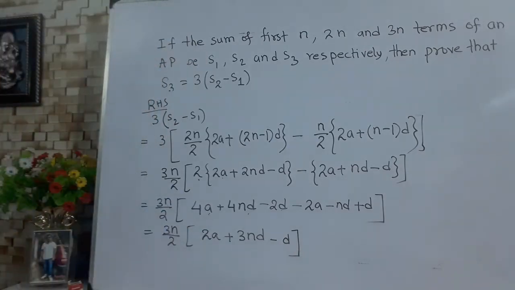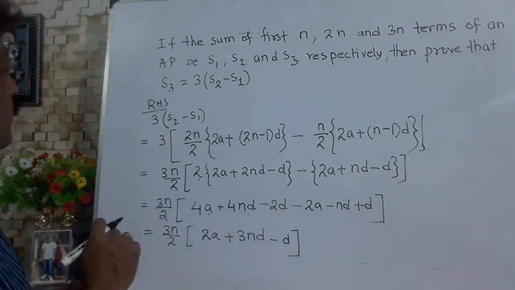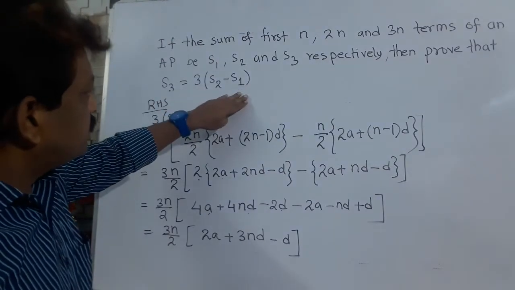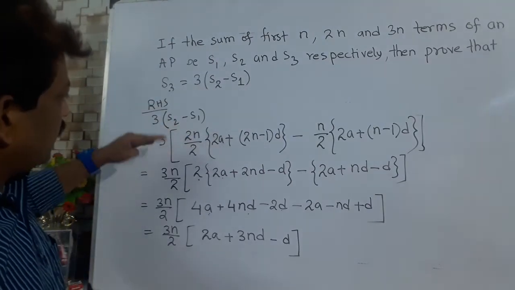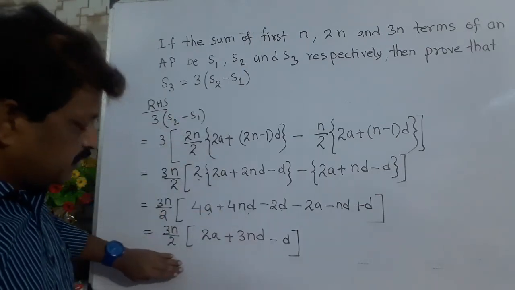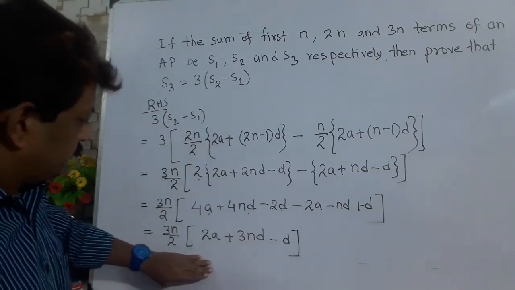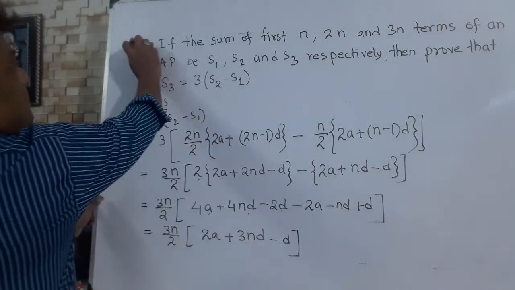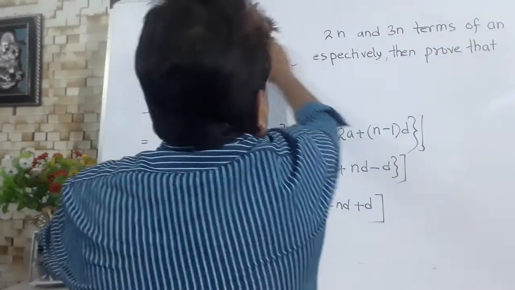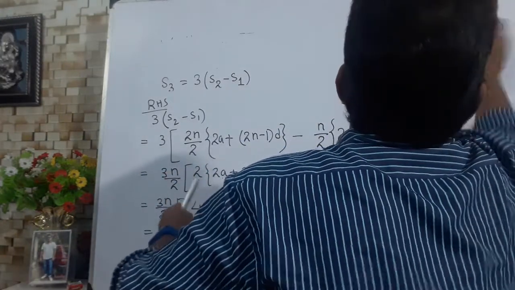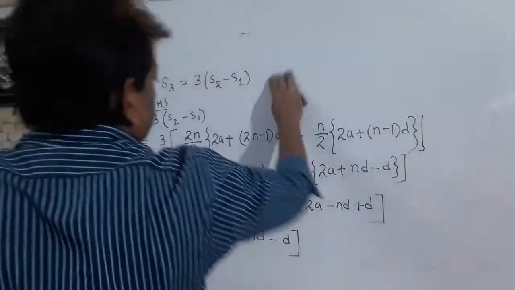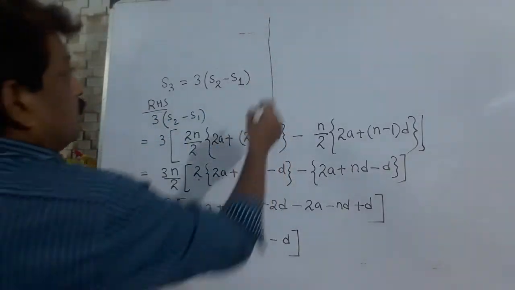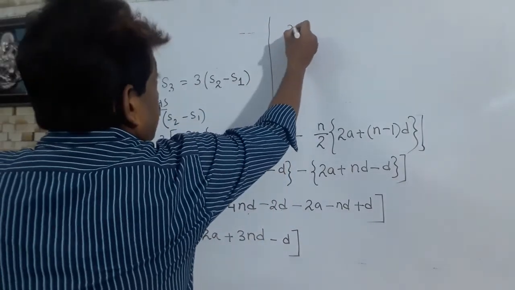Okay, I have taken the RHS, that is right hand side, and replaced the values, and ultimately I have got this value. Now see here, this is 3n upon 2.